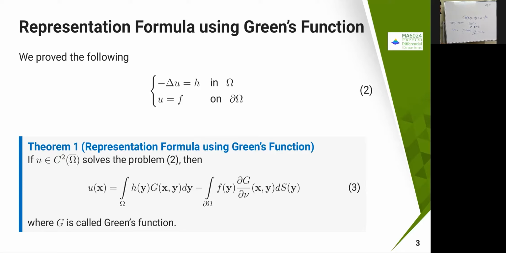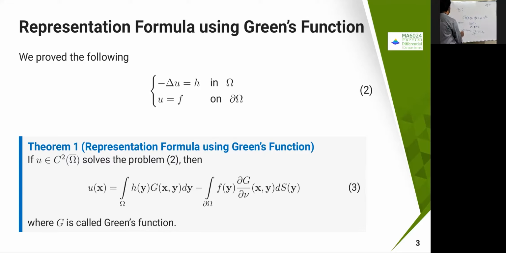We obtained this by solving the equation minus del u equal to h in omega, with u equal to f on the boundary. For this problem we obtained the Poisson representation formula using the Green's function.